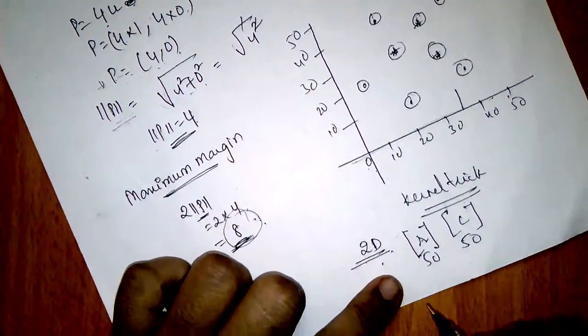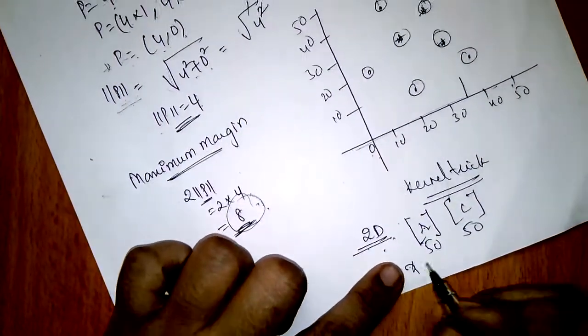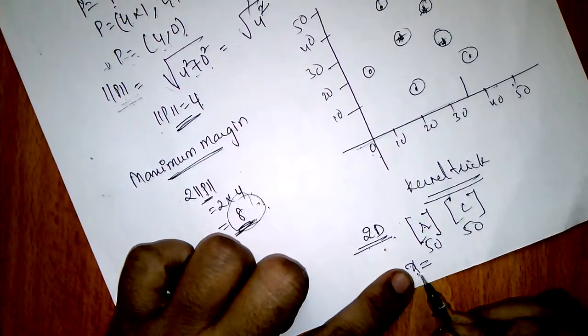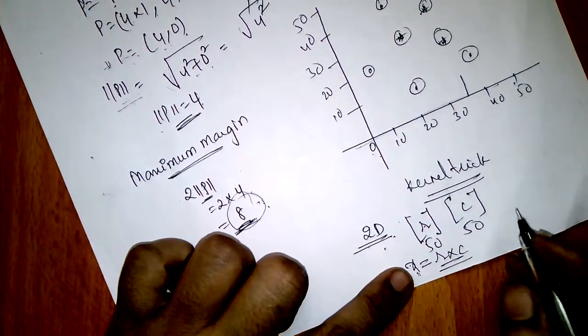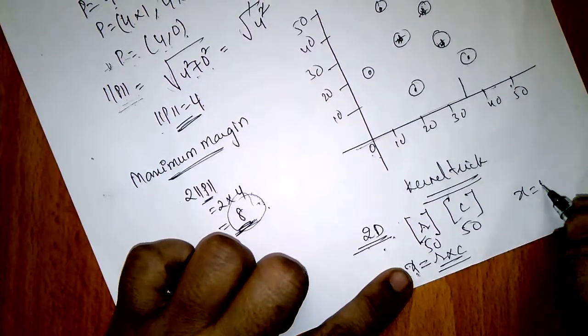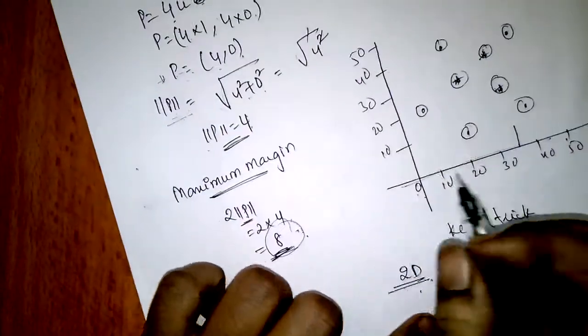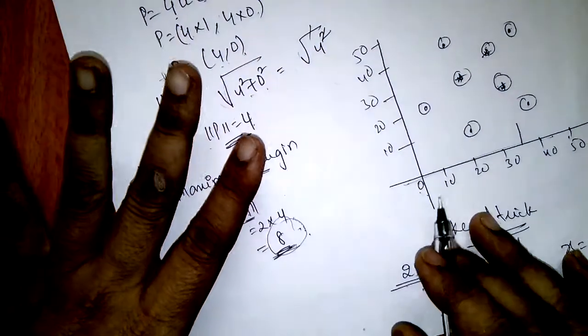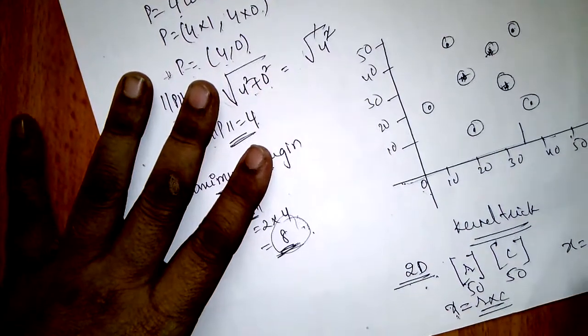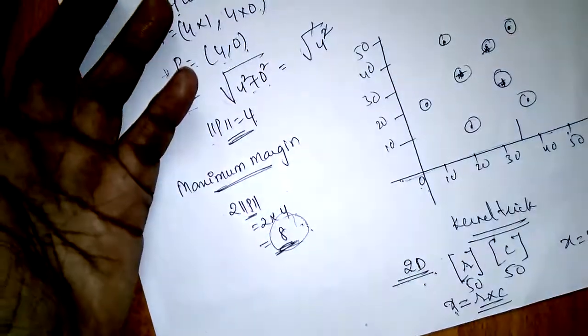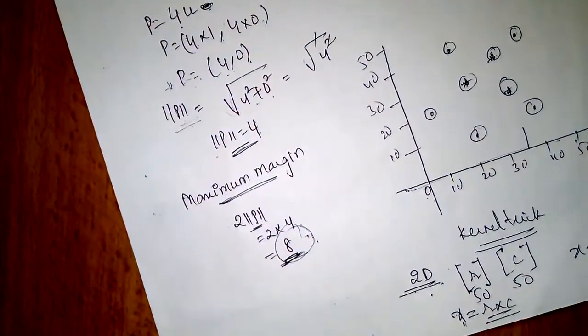Now we want a third dimension x. How do we get this new dimension x? x equals R into C. Then x equals 50 into 50. So we will get a new third dimension x with more space. Then we can make this plot. This is called a kernel trick.